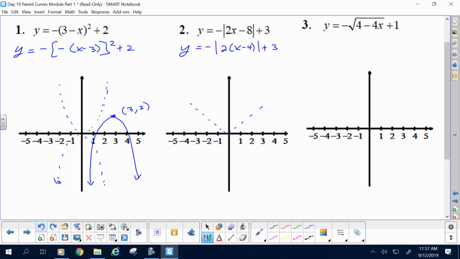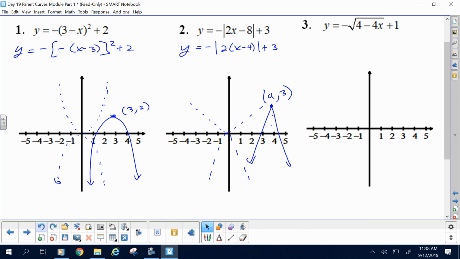Okay, what does the negative do? Upside down. So we have a narrow V upside down, and now we shift it. How do we shift it? Right, 4, 3. So do you have a narrow V with an essential point of 4, 3? Okay, cool. Try number 3. I want to eventually get some logs and exponentials, but we'll work.